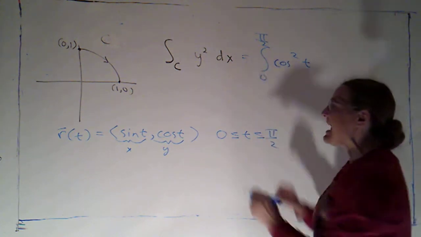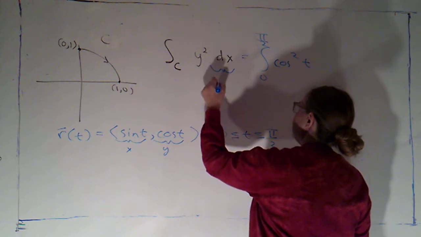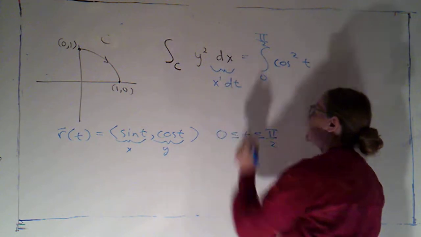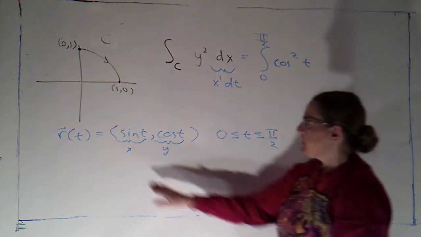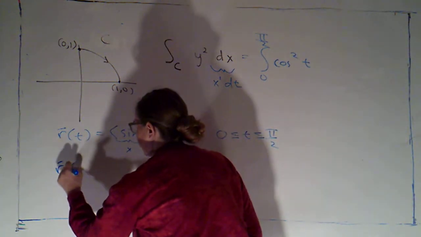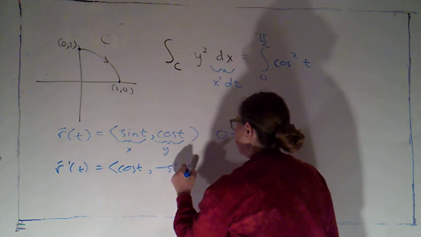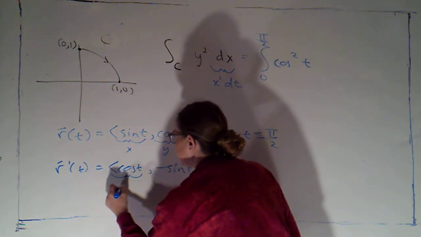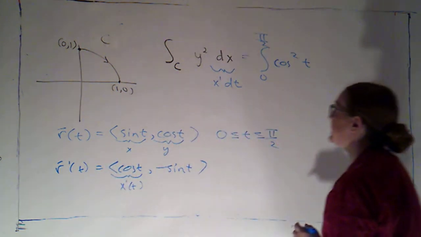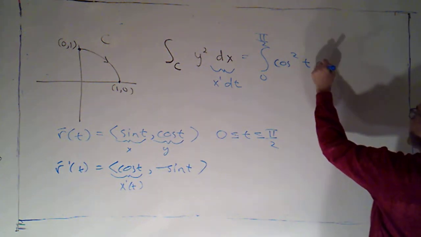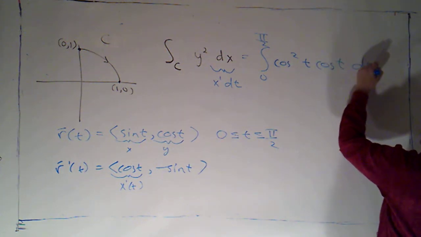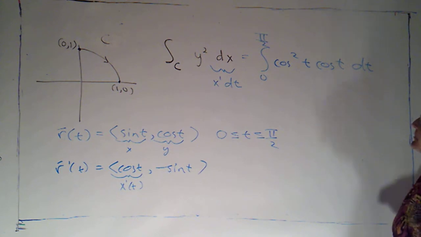And then dx is x prime dt. So if I were to look at r prime of t, that would be cosine t, negative sine t. This right here is my x prime of t. So I'm going to multiply this by cosine of t dt.